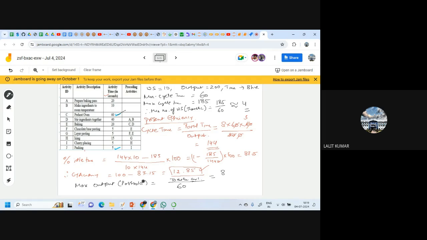So this will become 8 into 60 divided by 60, so 480 units per day is your capacity.